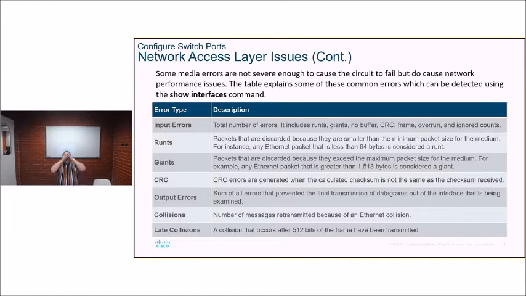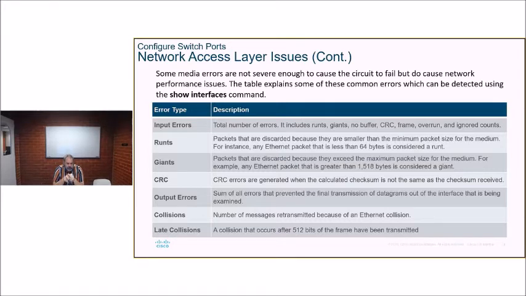Now, input errors are the total number of errors that includes runts, giants, no buffer, CRC, frame, overrun, or ignored counts. Runts means they're frames smaller than 64 bytes. Giants means they're frames larger than 1518 bytes. CRC errors, of course, mean the checksum has generated errors. Output errors are the sum of all errors that prevented the final transmission of datagrams out of the interface.